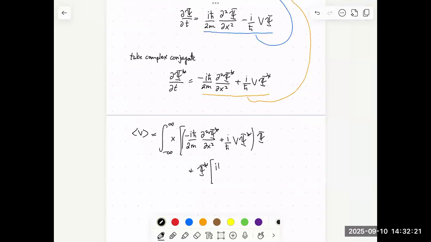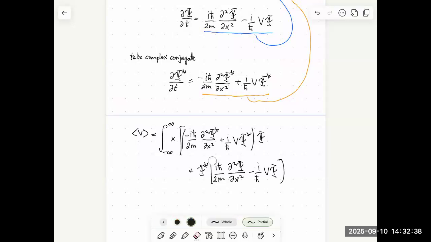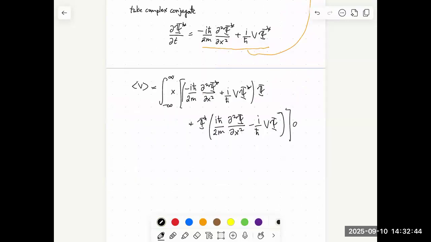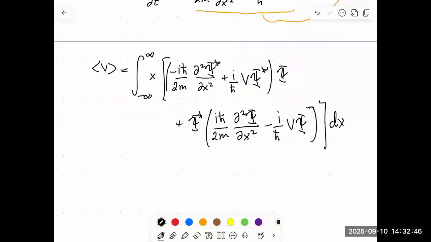So i h bar over 2m d2 phi dx2 minus i over h bar V times phi. Hopefully this is going to work out. We will find out. And then this is all integrated with respect to x.